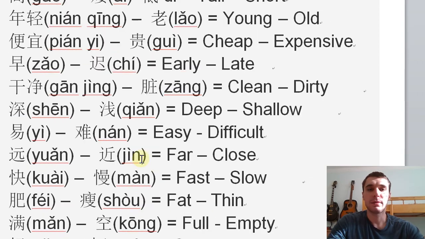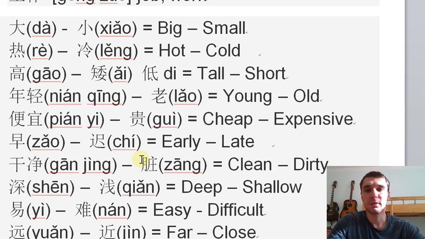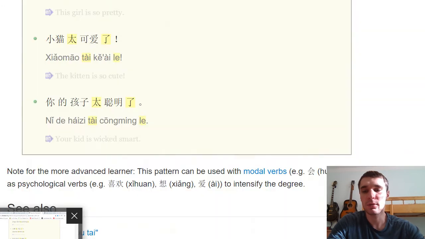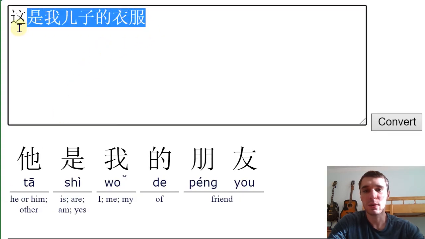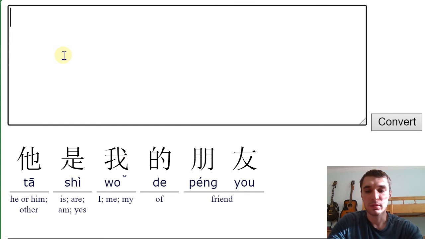Okay, let's continue. For example, how to say it's too hot. Too hot. So hot, 热, right? And we have to use that structure. So 热 means hot. Yes, you can see these 4 dots at the bottom of this character.